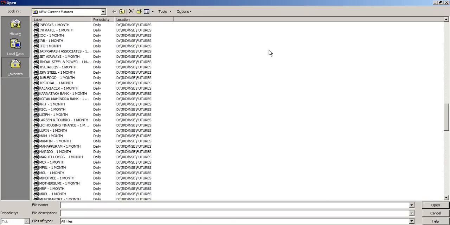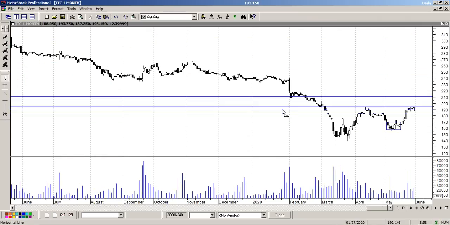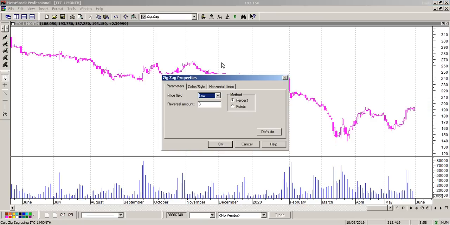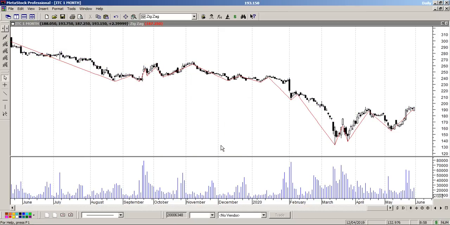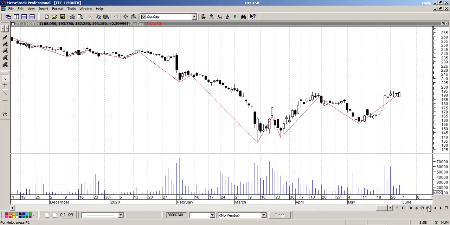You will understand one more point, that is how a very long-term peak and trough is interesting. Okay, so this is basically ITC. Let's use a 3% zigzag and see what's happening to ITC.